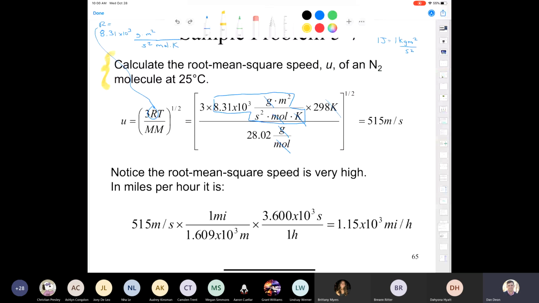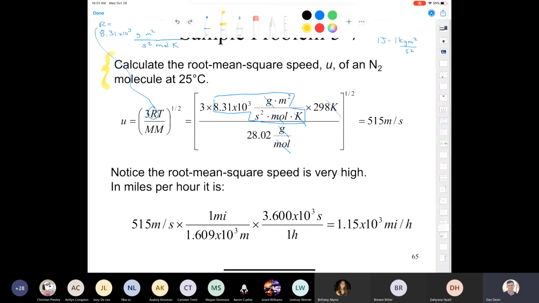Think of how far a yard is. A yard is pretty close to the same length as a meter. It's a little less than a meter. So that means the gas particle is going 515 meters per second. We're like, yeah, that's fast.